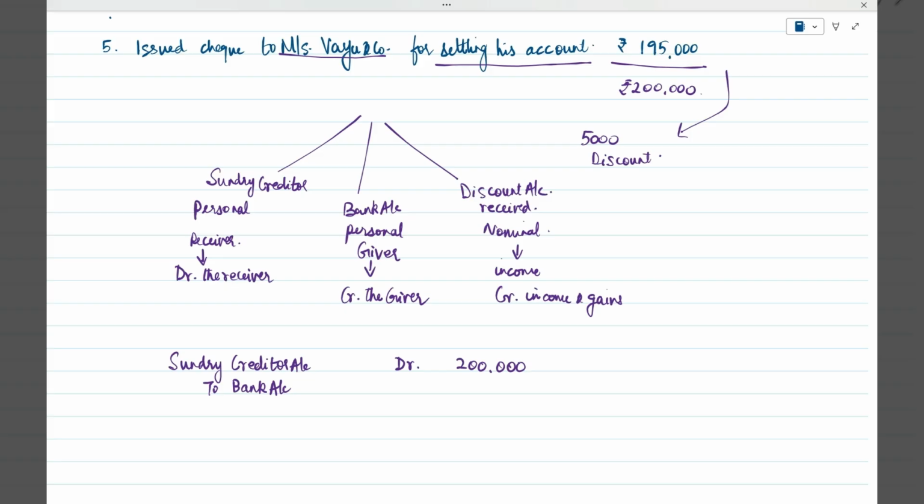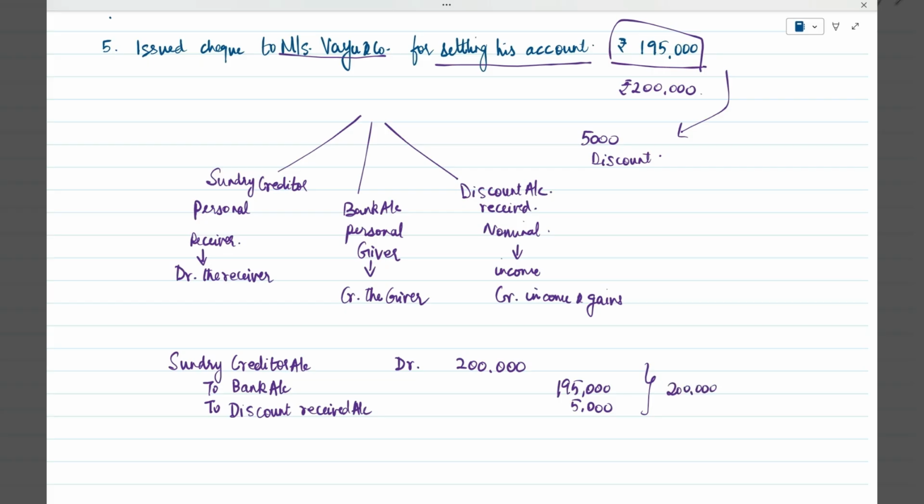So bank account, which is we issued a check of, here the question says 1,95,000, and the remaining is nothing but discount. So it is discount received of how much? 5,000. And hence, has this tallied? Yes. When we sum this up, it comes to 2 lakh.